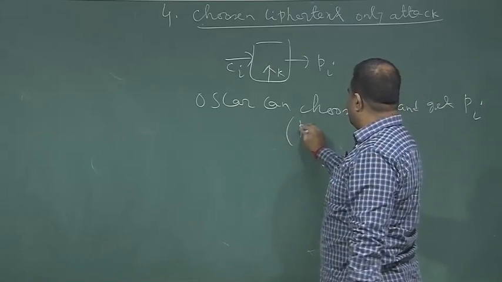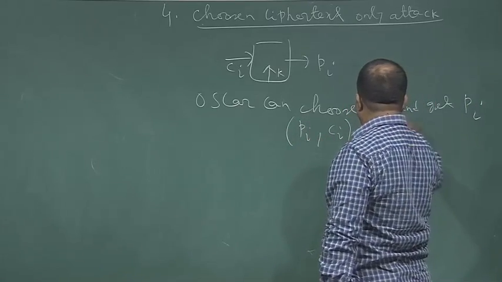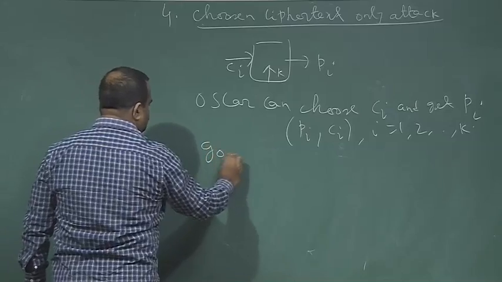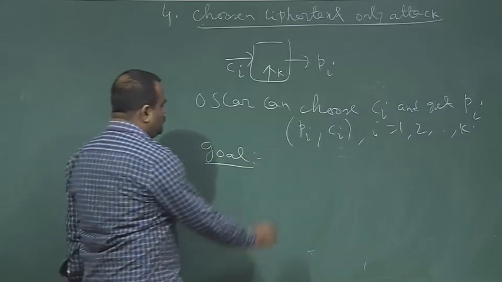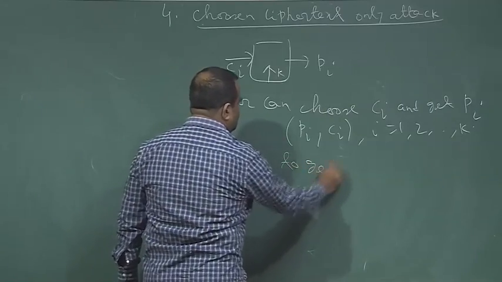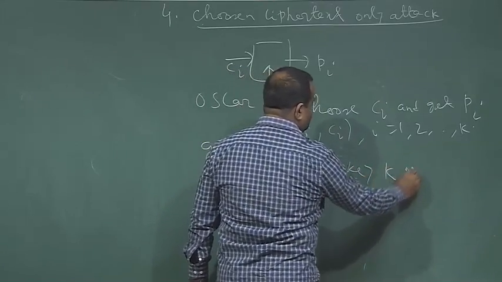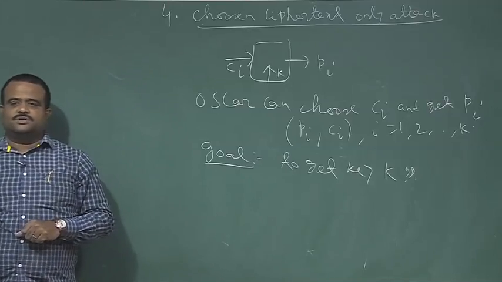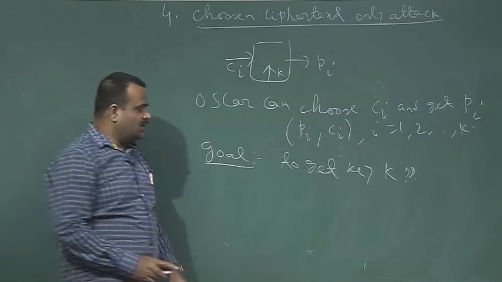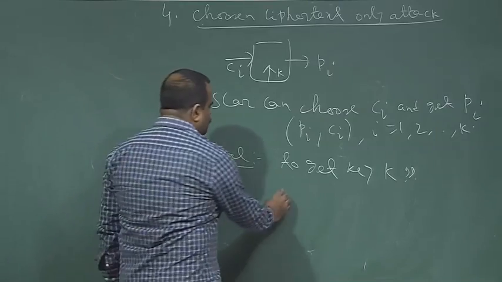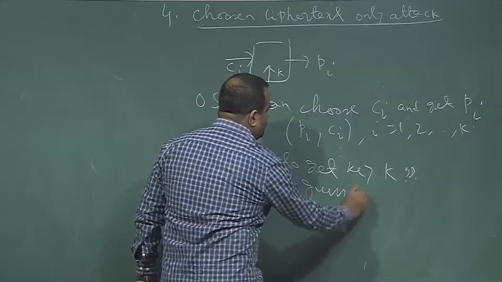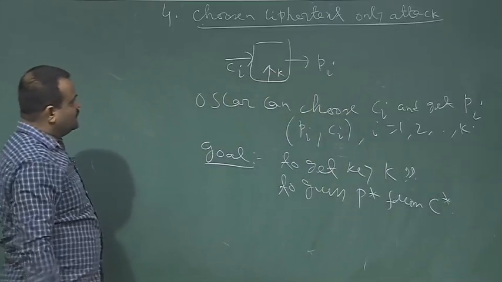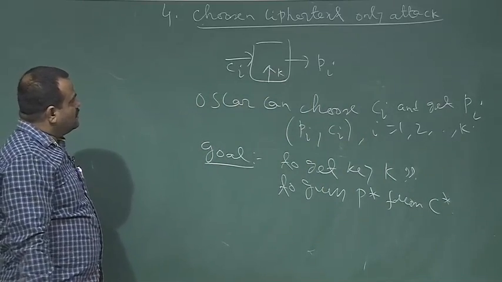So Oscar knows these Pi, Ci pairs for some K. Now the challenge of Oscar is to get the key K, which is not known, or, after we stop this temporary access to the decryption machinery, to guess P star from C star while Alice and Bob are communicating. So this is another model.